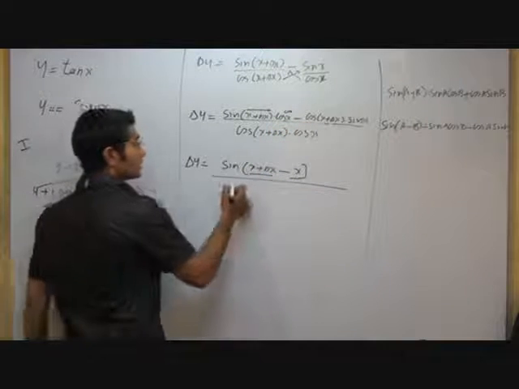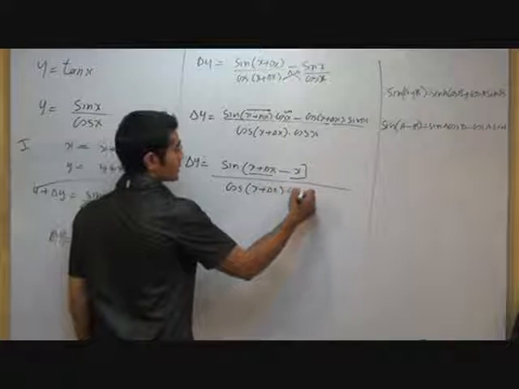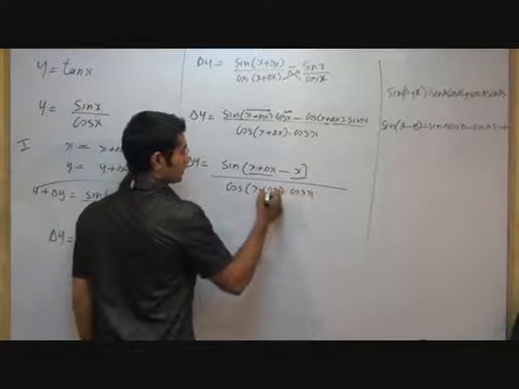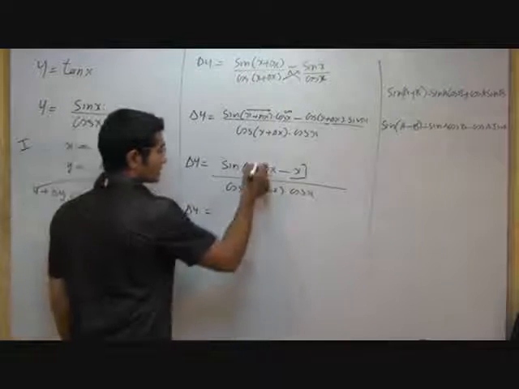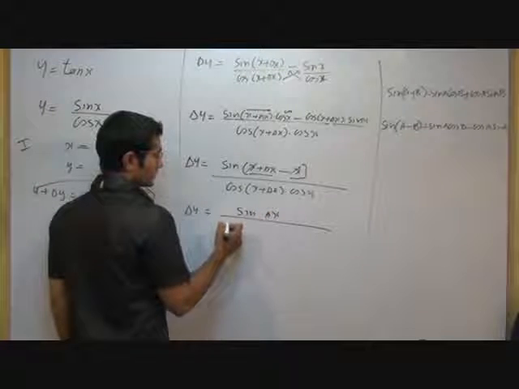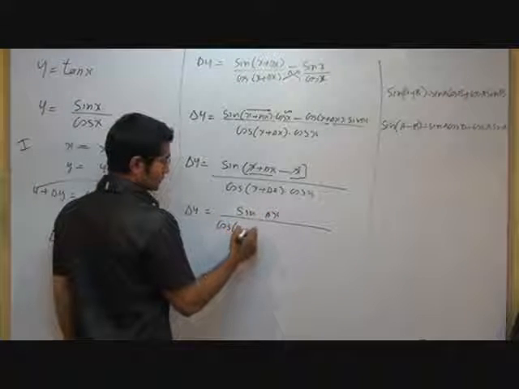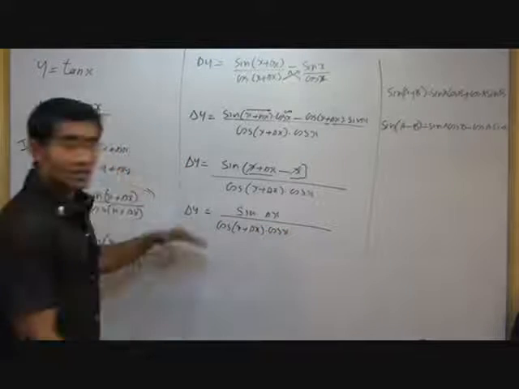Now what's the denominator? Cos of x plus delta x into cos x. And that's what I have. Now we'll see what happens. Can I write this as sine delta x divided by cos of x plus delta x into cos x? Yeah. That's my first stage.